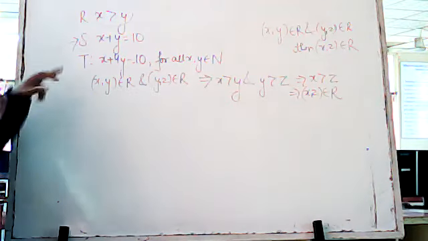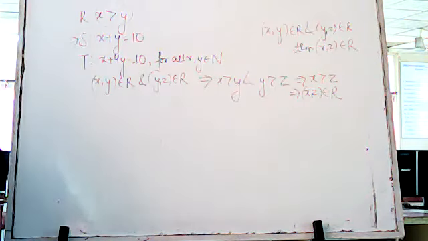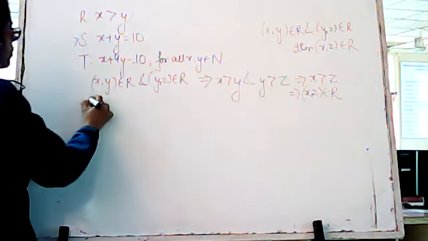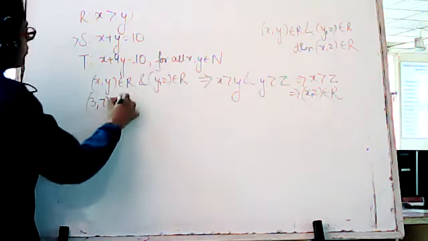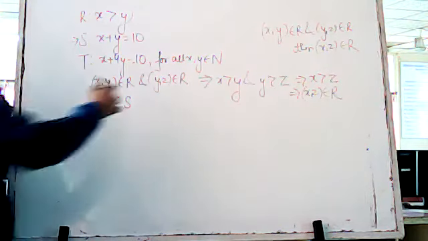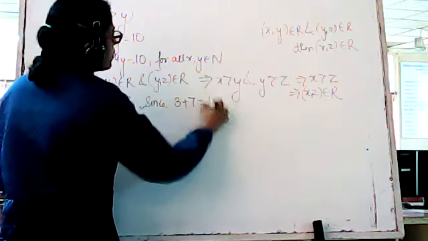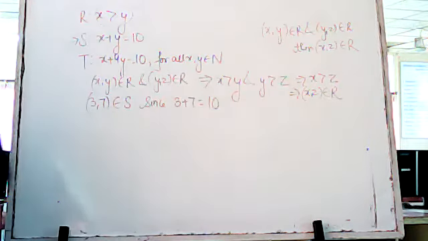Now we have to check this condition for the next relation, that is S. Consider ordered pair 3, 7 belongs to relation S, since 3 plus 7 equals 10.